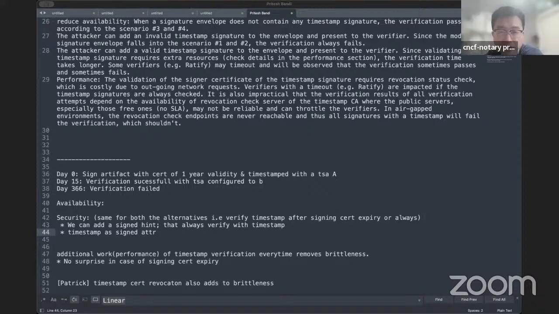Feynman, you have your hand raised. Yeah, I feel the scenario is still a bit vague for me. So, Pritesh, when you write the issue, would you mind clarifying a bit more on the scenario, especially why you insist on enabling the always check time-stamping signature?